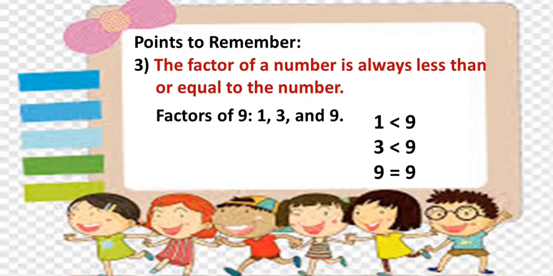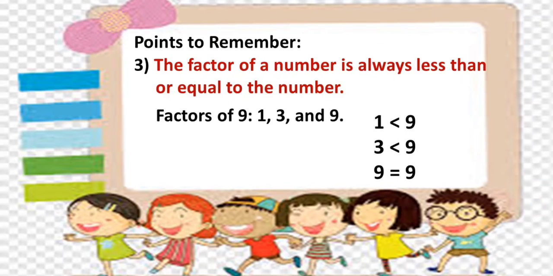The third point that you have to remember, the factor of a number is always less than or equal to the number. Ya, jadi setiap faktor dari suatu bilangan itu selalu lebih kecil atau sama dengan bilangan itu sendiri. For example, the factors of 9 are 1, 3, and 9. 1 times 9 is equal to 9, and 3 times 3 is equal to 9.